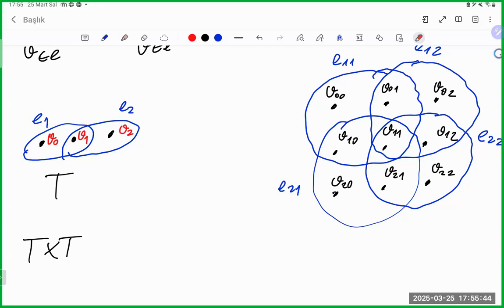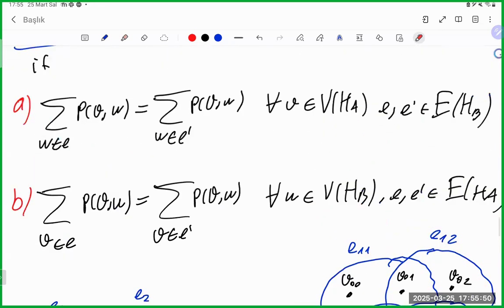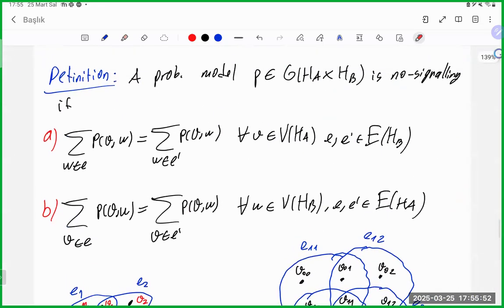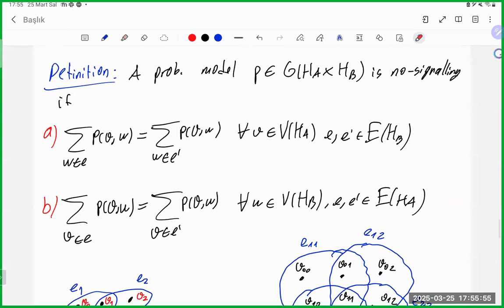Sorry, Cagdas, I want to ask something. It's not that condition. Can you go up again to the condition above? It's not like V00 plus V01 equals V01 plus V02, or am I wrong? Because 0, 1 and 1, 2 are different edges.